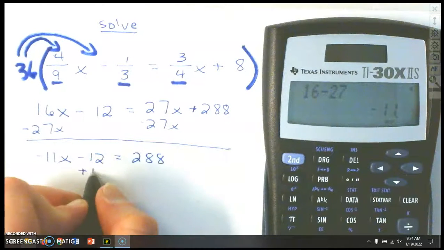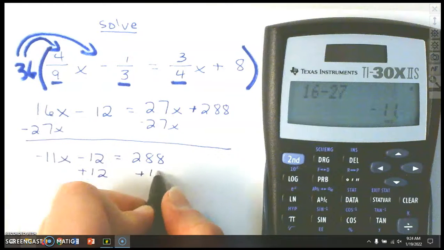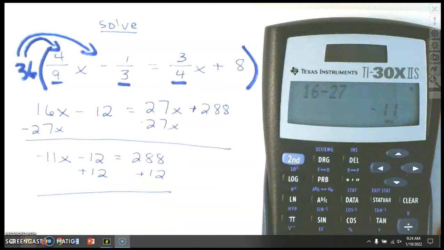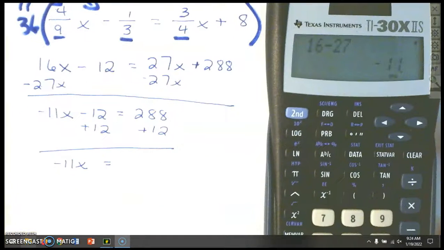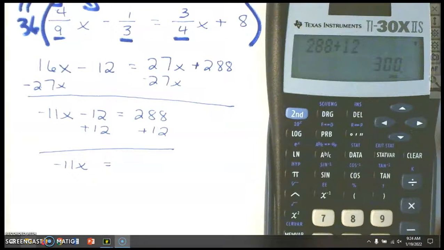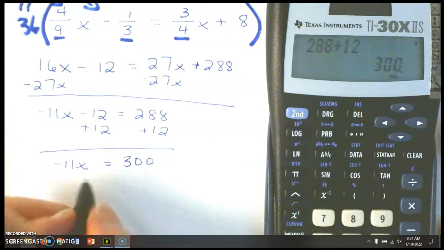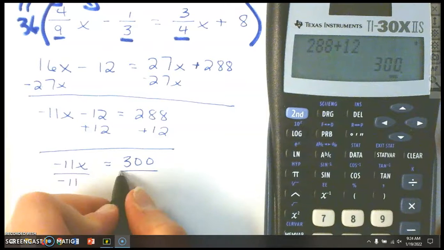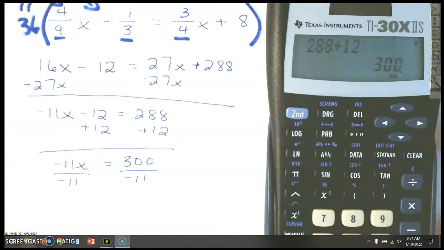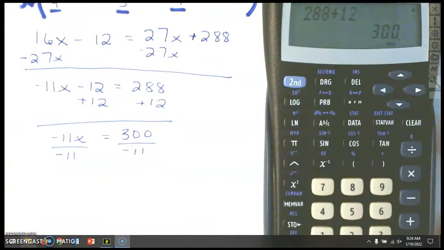We're now going to add our 12 to both sides. I'm going to try to make this one pretty easy to work with. So that gives you then a minus 11x. We've got 288. We're going to add 12 to that, and that gives you then an even 300, doesn't it? Divide by a negative 11. 11's a prime number, so it's not going to reduce.